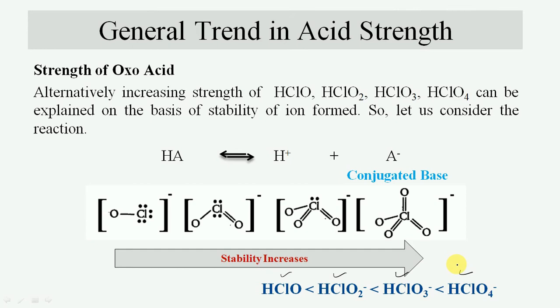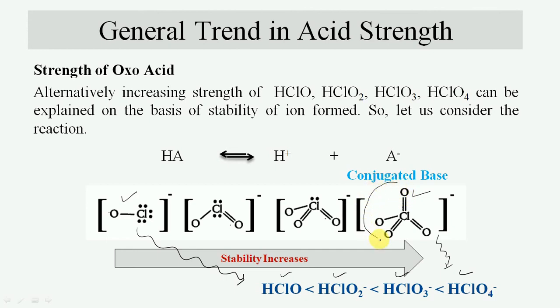If the ion is stabilized to a greater extent, then it has lesser attraction for the proton and therefore it will behave as a weak base. Now the charge stabilization is minimum in the case of this conjugate base and maximum in this conjugate base.